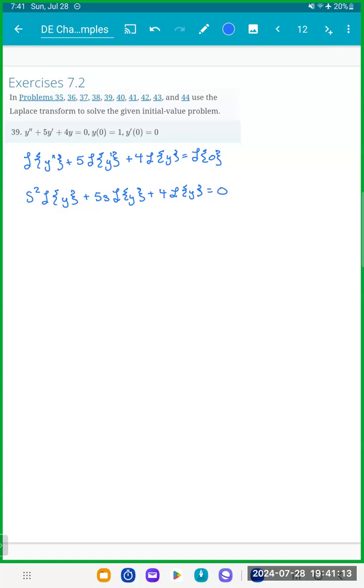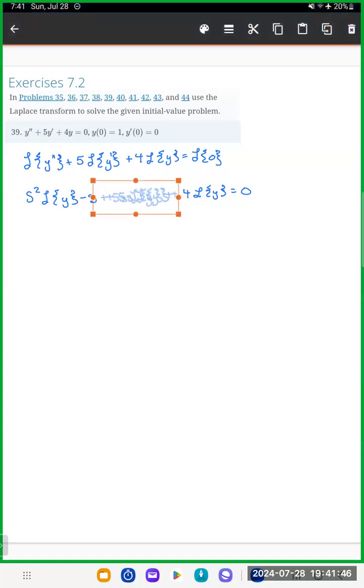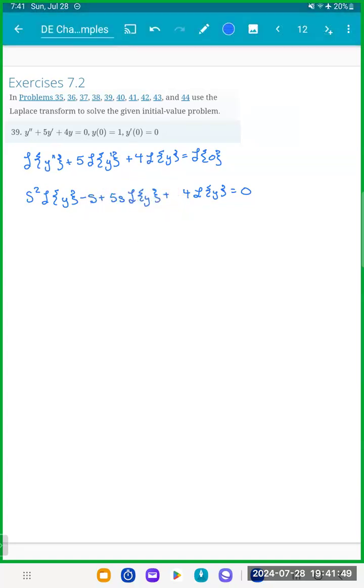All right. So one of the things that we can do here, let's go back to the blue. Scoot that over just a little bit. Because of the second derivative, we're minusing off s here and minusing off that 5.